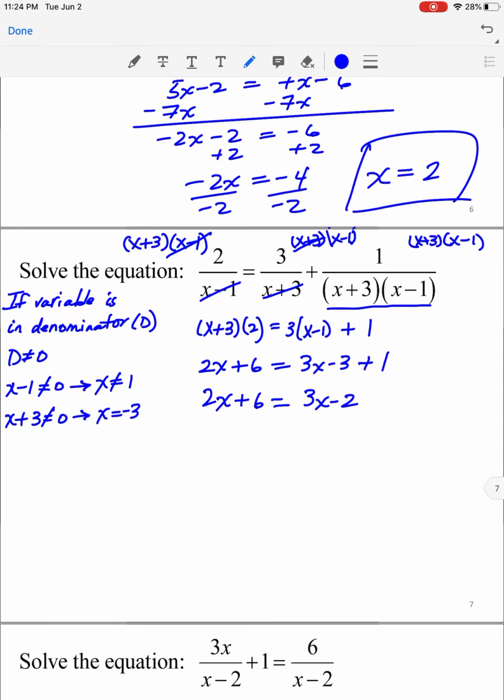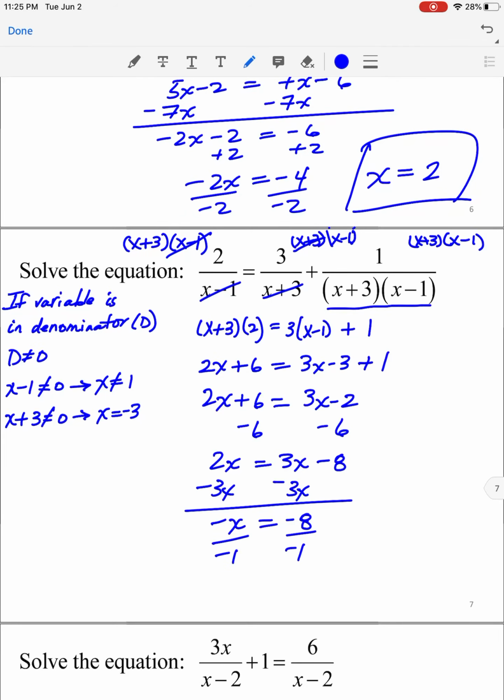I'm going to move my constants to the right. So we have 2x equal 3x minus 8. I'm going to move my variable to the left. So we have negative x equal negative 8.